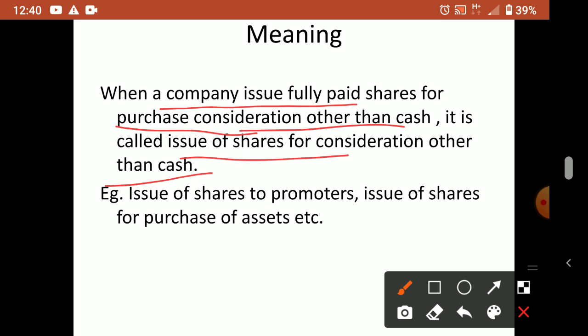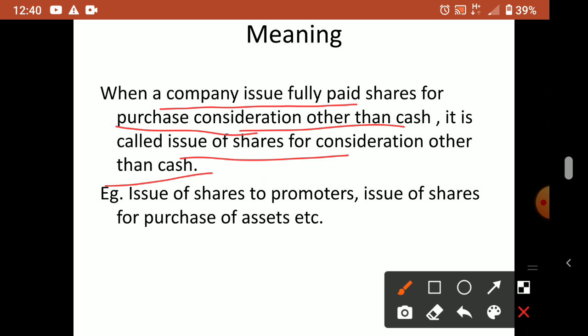So when a company purchases something from others, machinery or anything related to business, or when they purchase another business, one company can take over the business of another company. That time also, instead of giving money to them, we can make them shareholders of our company.